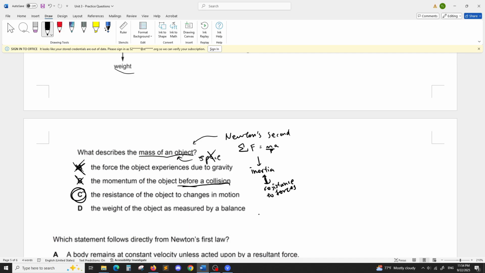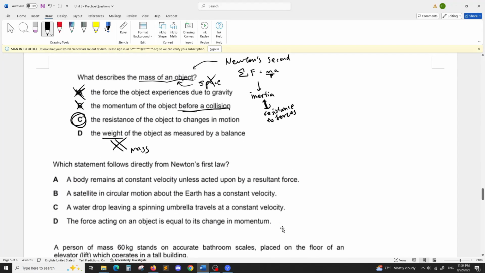Same idea, different words. That's how you do the SAT, by the way. The weight of an object as measured by balance. Weight is not the same thing as mass, because weight is based on actual gravity. And weight is actually a vector.